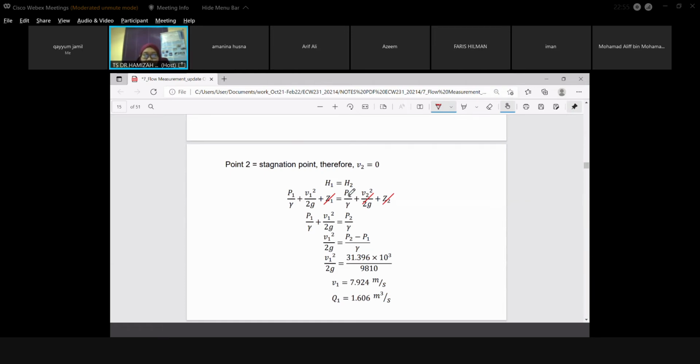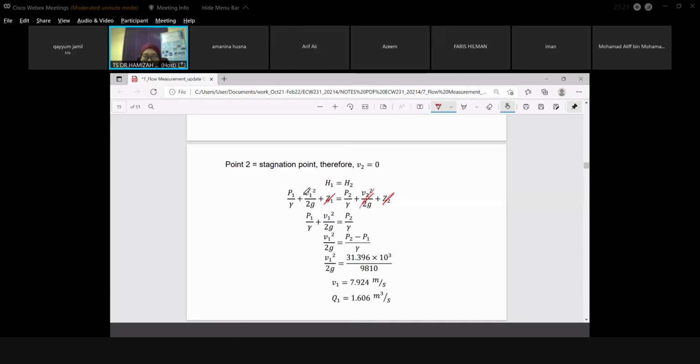We cancel the elevations, not because there are no elevations, but because the elevation is the same. We cancel V2 because at point 2 there is no movement, the fluid is at rest.